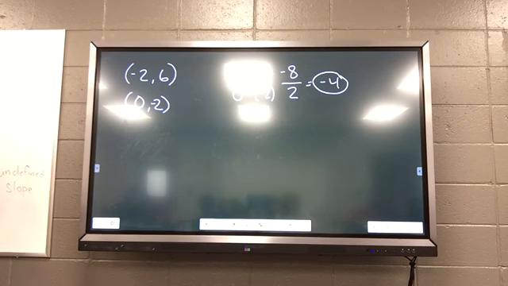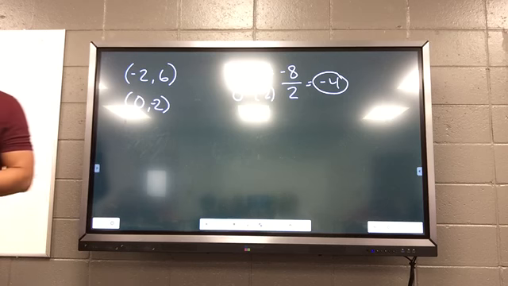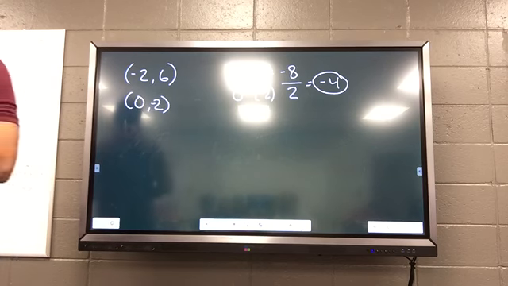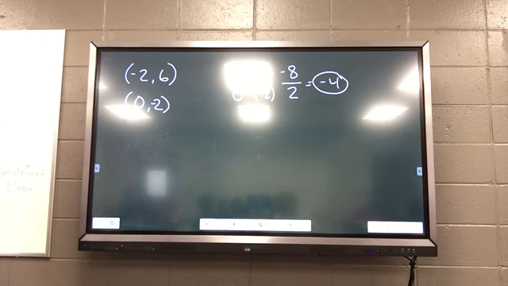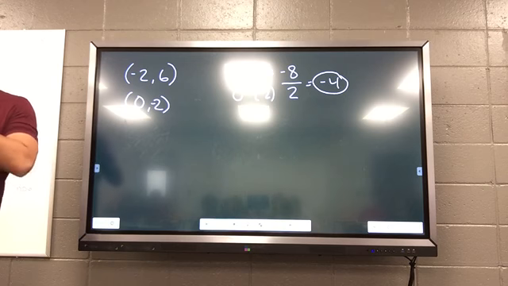Please show subtraction. Don't try to do it in your head because those signs get mixed up easily. So it's y sub 2 minus whatever y sub 1 is. X sub 2 minus whatever x sub 1 is. And there has to be subtraction.